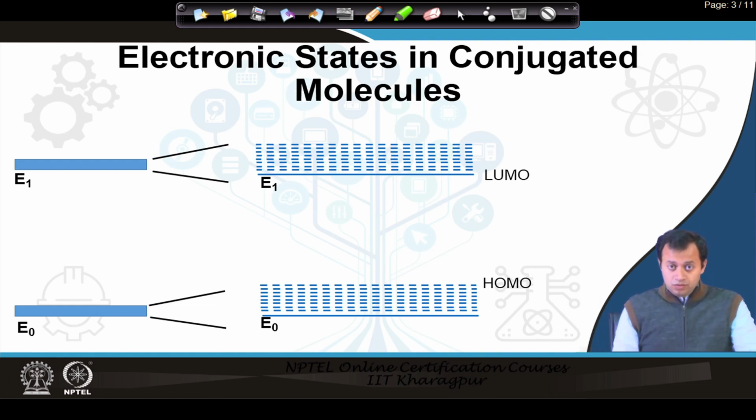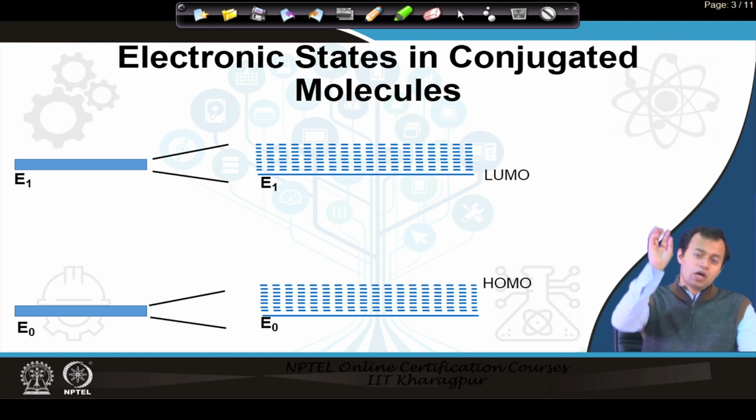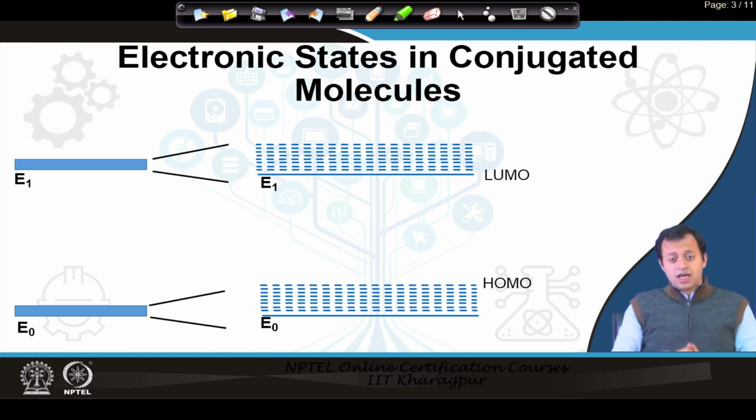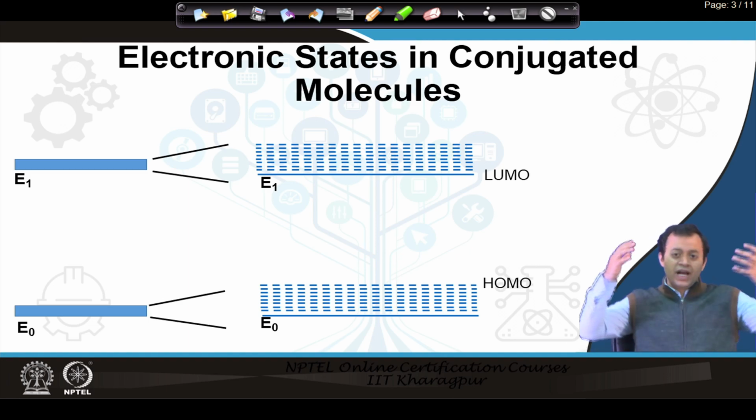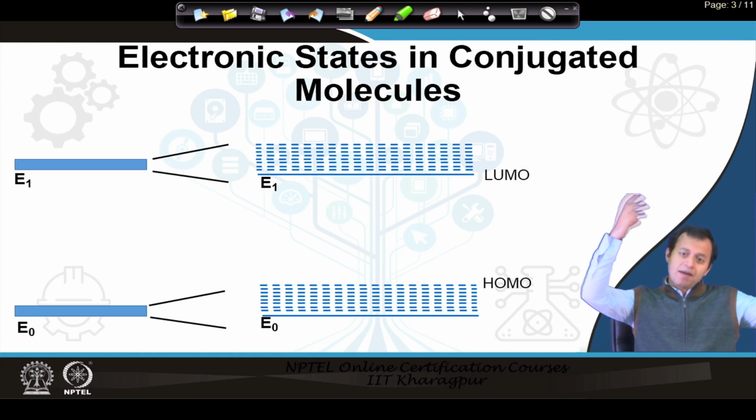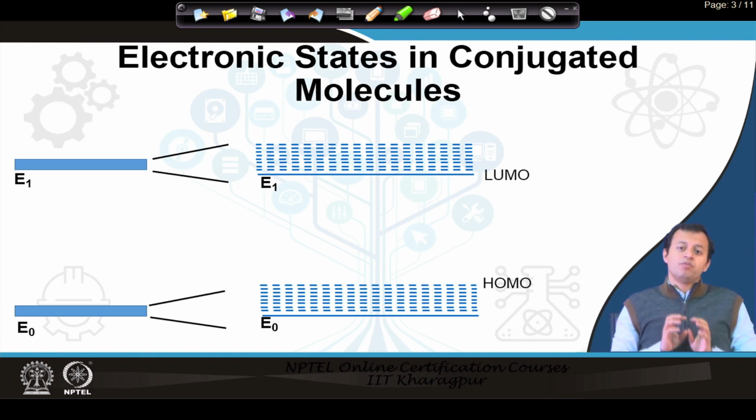So, now remember, previously we were discussing simply moving an electron from downstairs to upstairs. Turns out there are various rooms both downstairs as well as upstairs. So, now we have to be a bit more specific.